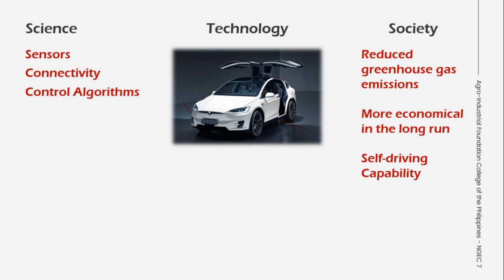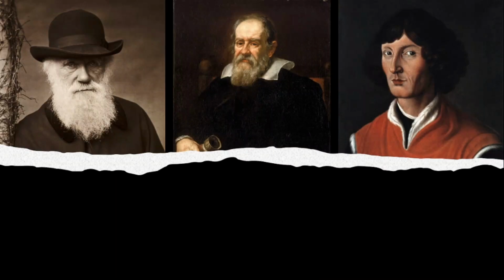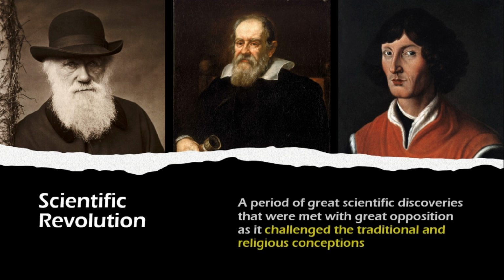With this in mind, let us now backtrack on past events. So here we see some of the prominent scientists who emerged during a time period known as the Scientific Revolution.